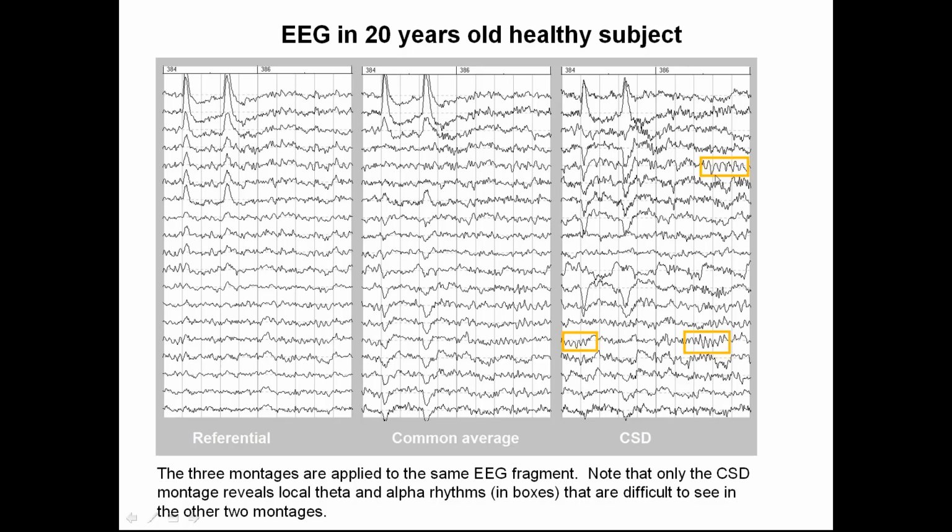Using current source density, so instead of presenting potentials, which are volume conducted, you can see local currents in the cortex. That gives you information about local events. In this case, you can see quite clearly bursts of frontal midline theta and bursts of parietal alpha.